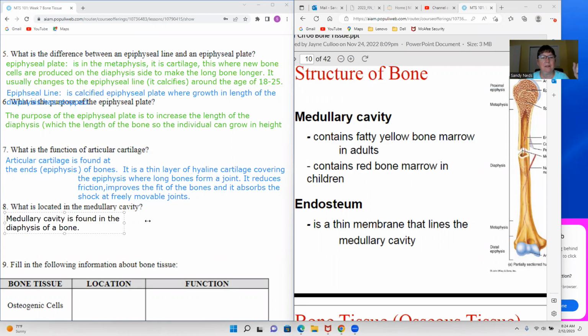Let me extend this so we don't end up like we did up above. It contains the yellow bone marrow. Again, that is triglyceride storage in adults.